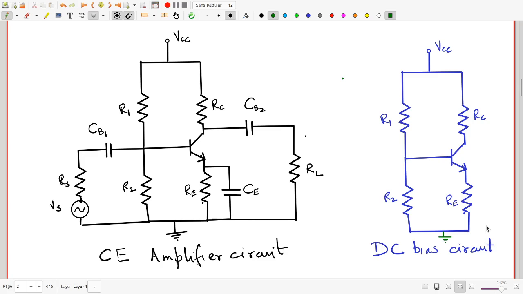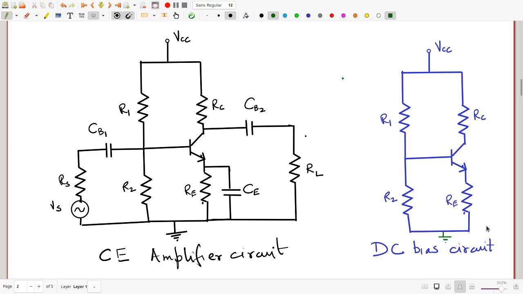But if, for example, IC rises, so will IE, and that will make the drop across RE go up. So this will move the emitter voltage higher and decrease the base emitter voltage. But remember, even a tiny decrease in the base emitter voltage will actually drastically change the IE and consequently the IC, and it will try to bring the IC down.